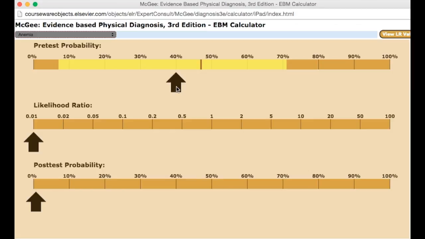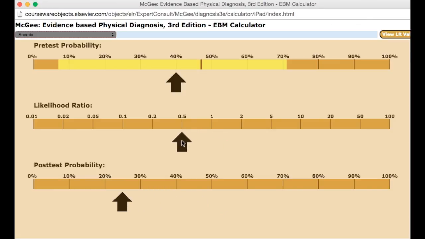So let's choose 40 as our pretest probability for our patient, and we'll choose our first physical exam finding, pallor at any site, which had a positive likelihood ratio of around 4. So if you see pallor anywhere, well then the pretest probability of 40% jumps up to a post-test probability of nearly 75%, significantly changing the way you think about your patient, making it more likely that they have anemia if you see this on physical exam.